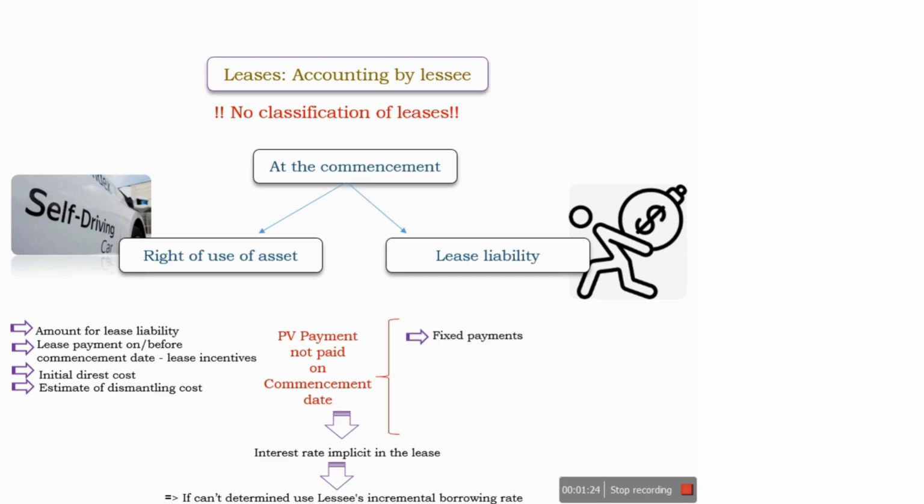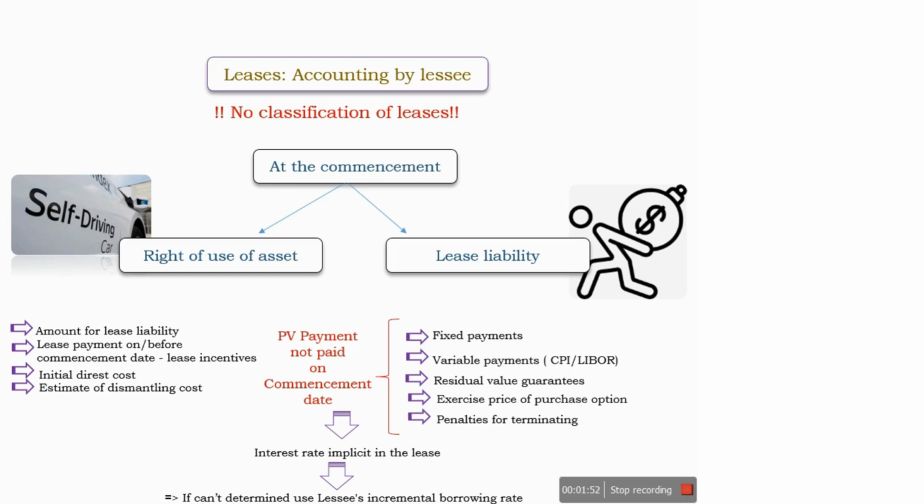Payments will include fixed payments, variable payments that depend on an index such as CPI or labor index, the amount expected to be payable by the lessee under residual value guarantees, and the exercise price of a purchase option if it is reasonably certain that the lessee will exercise that option, and payment of penalties for terminating the lease if the lease term reflects the lessee exercising an option to terminate the lease.